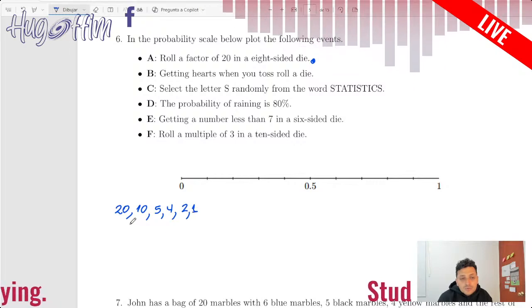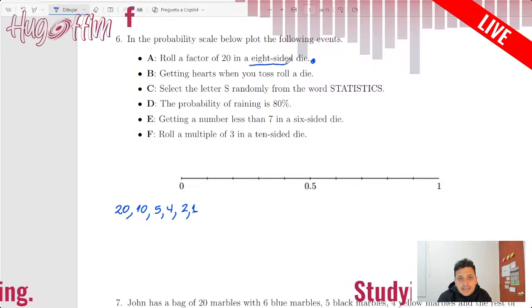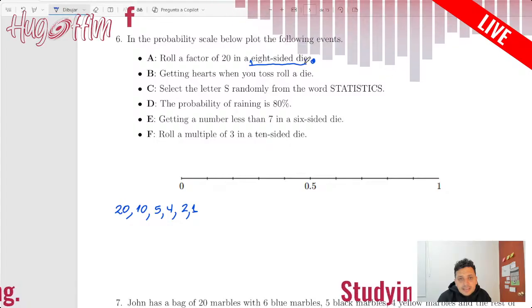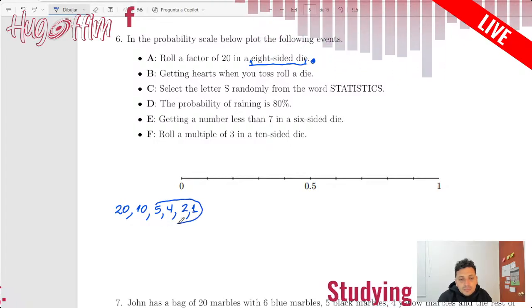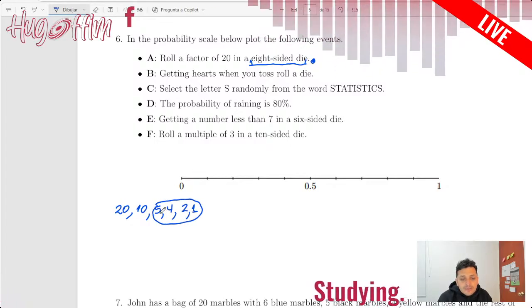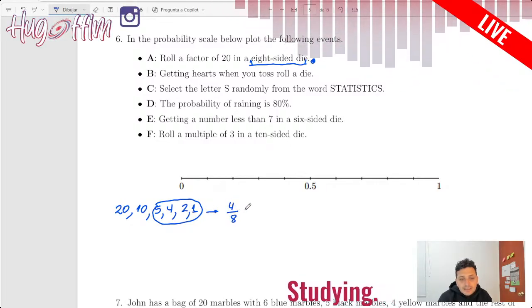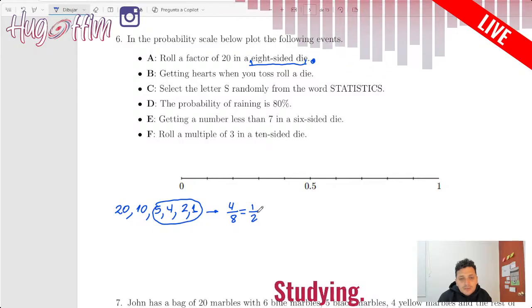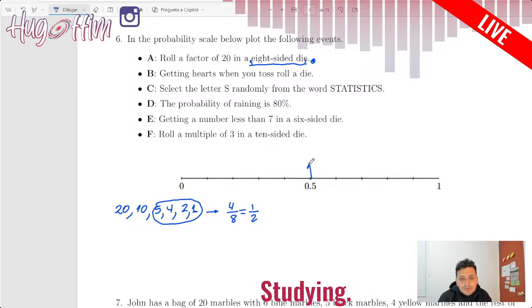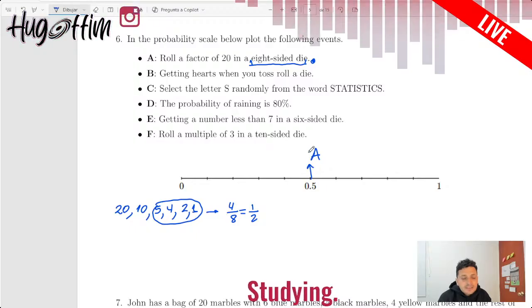Those are the factors of 20. And in an 8-sided die, there are going to be these 4 numbers: 1, 2, 3, and 4. So it means that there are 4 numbers out of the 8 sides of the die. If I simplify, it's going to be 1/2. So at 0.5, I have to put event A.